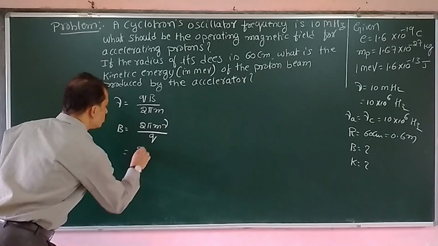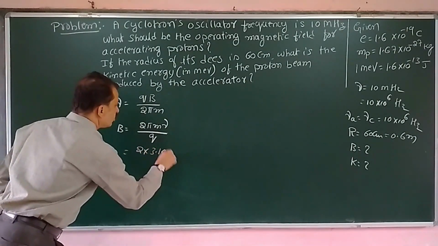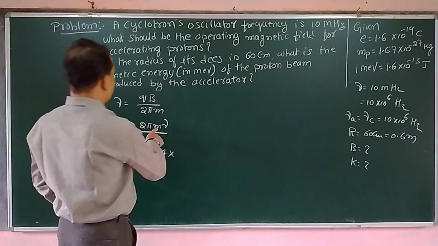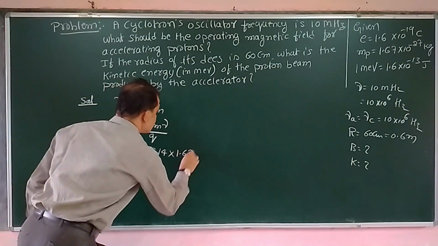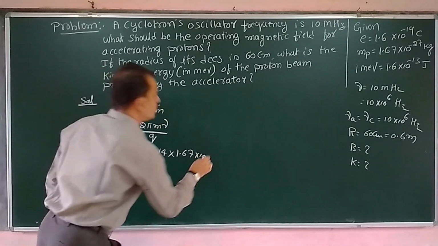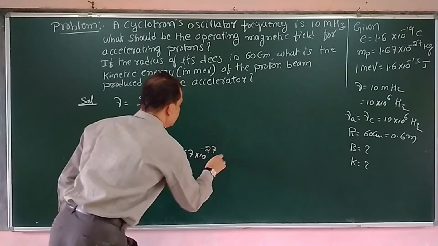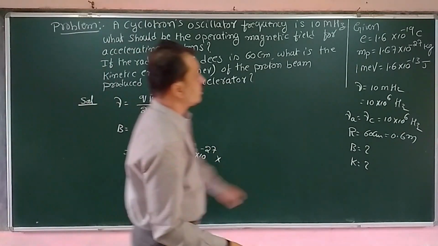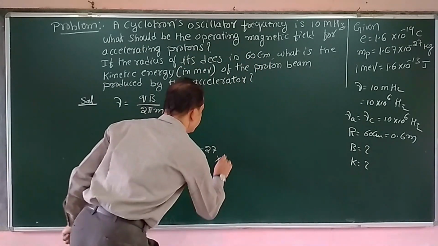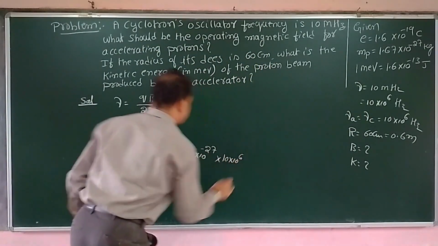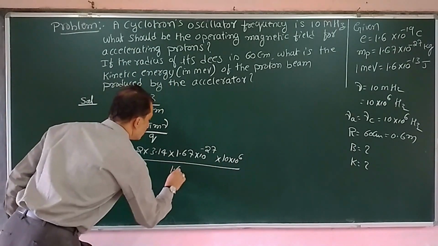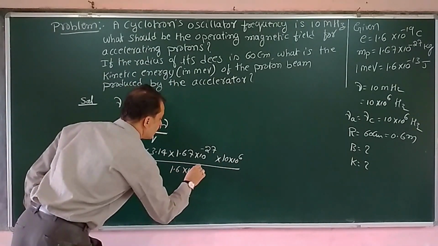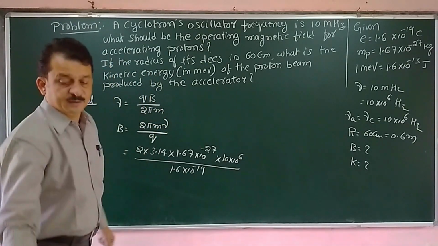We get 2 into 3.14 into mass, which is given, 1.67 into 10 to the power of minus 27, into frequency, 10 into 10 to the power of 6, whole thing divided by charge 1.6 into 10 to the power of minus 19.